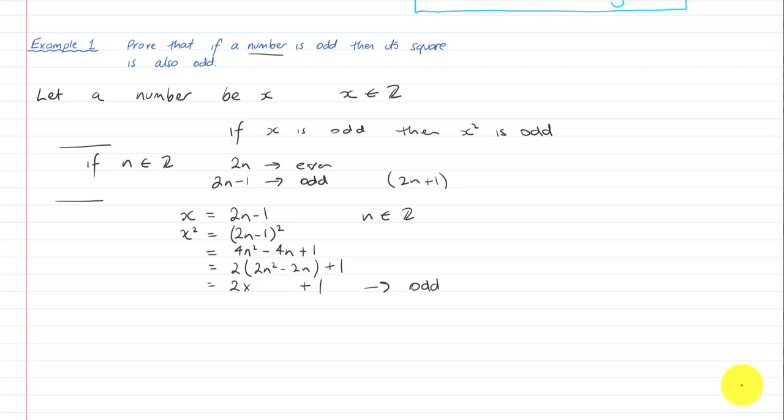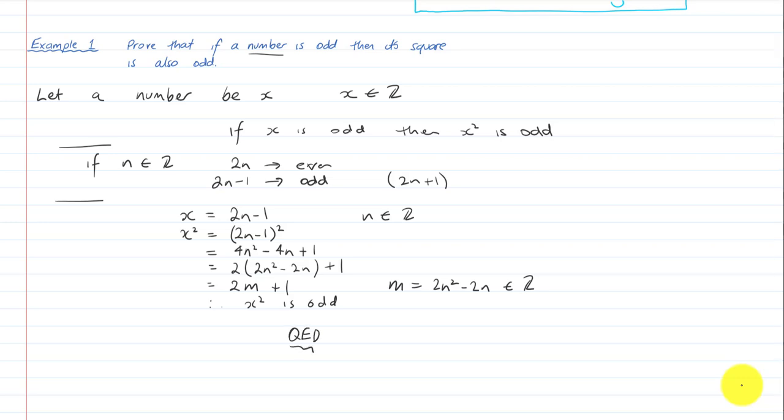We can finalize this by saying this is equal to 2m plus 1, where m equals 2n squared minus 2n, which exists in the integers as well. And therefore, x squared is odd, and QED if you would like.